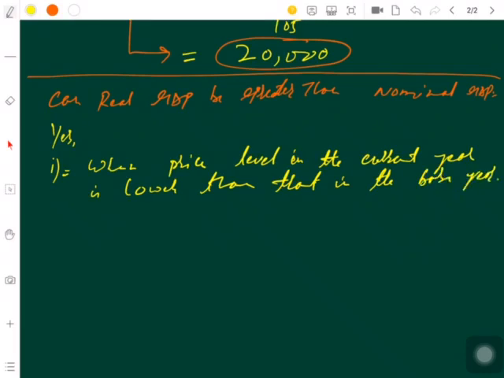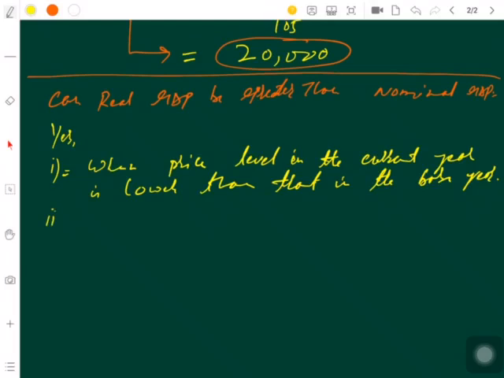Is it a simple thing, or do I have to explain it? A pen was sold for 100 rupees in year 2017. Now in 2020 it will be sold for rupees 80 only. Can it be? Yes, it can be when the price level of the current year is lower than the base year.